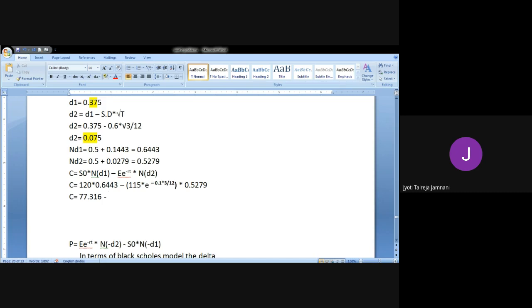You get it as 0.9753, into 115, if we do, 112.1606, into 0.5279, we get 59.2095.